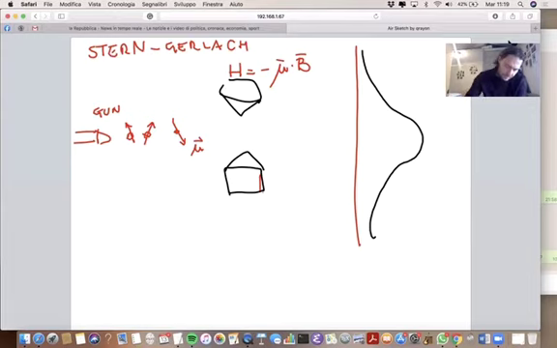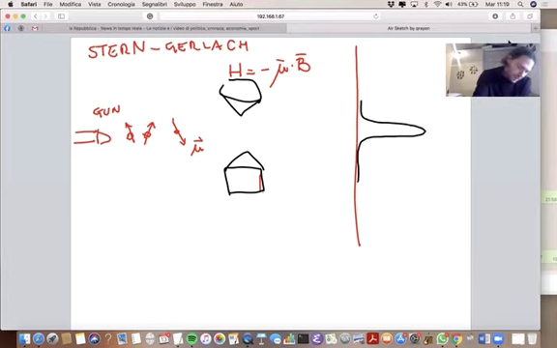Now, this will be strongly peaked, so to say, if the beam is strongly focused, right? Now, what happens when I start lighting up a magnetic field in here? I turn the machine on.